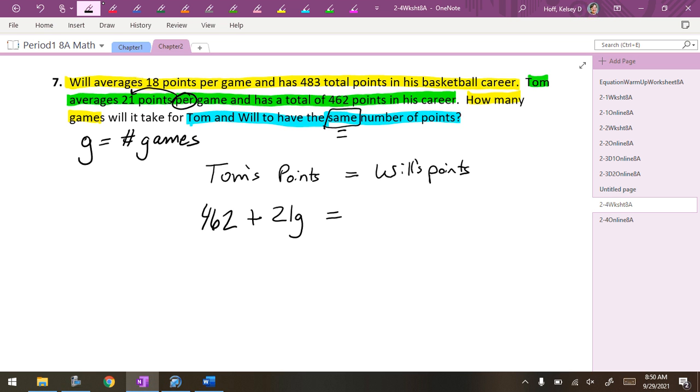He has 483. What's going to happen to his points? Are they going up or down? Up. Notice 18 points per game. 18 is going to be the one with the letter G.